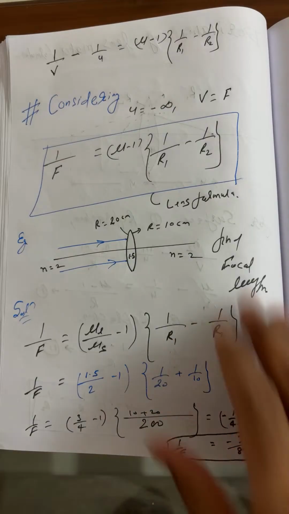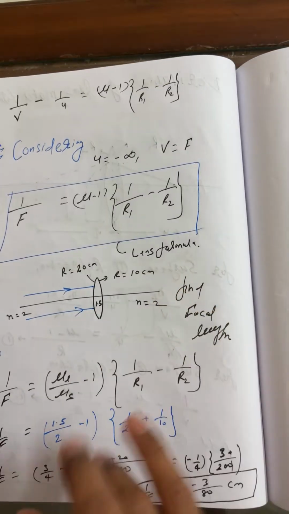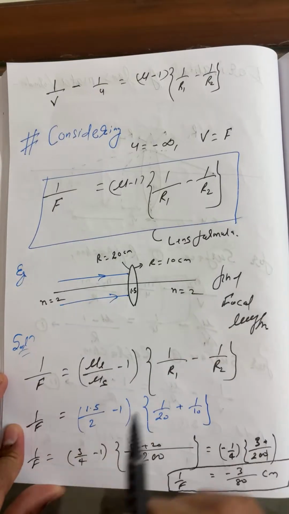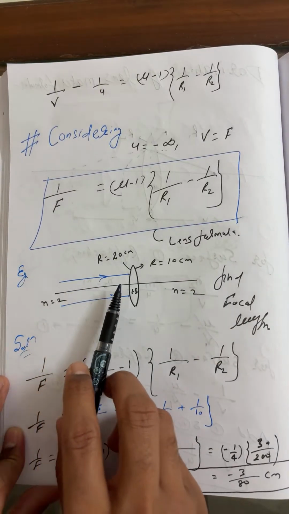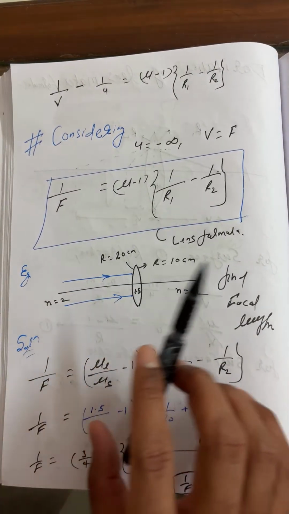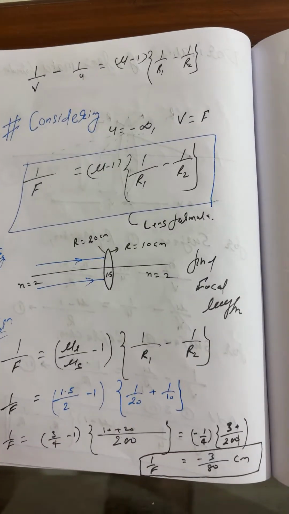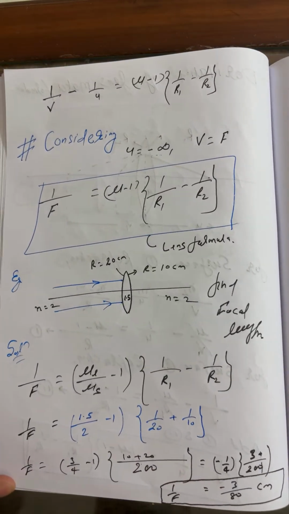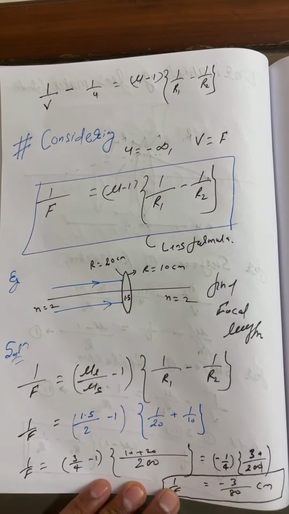Now, the main point for this question: whether you consider the ray from this side or that side, there is no change in the value of the focal length. You will get the same as I found here.